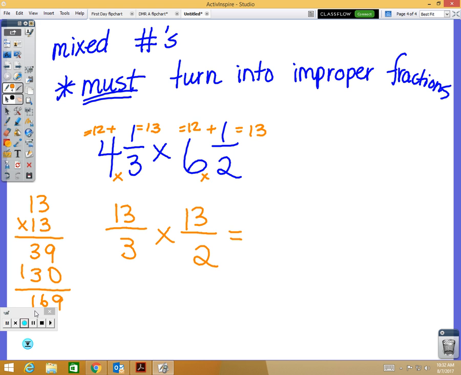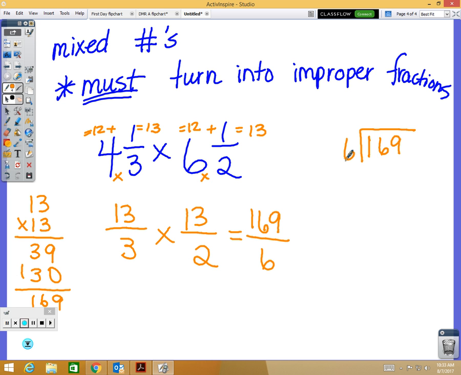So 169 over 6. Now that's a bigger number to simplify in your head. Anytime something is harder to do mentally, take the extra few seconds to write it down so you can see it. It's a lot easier for your brain to process.